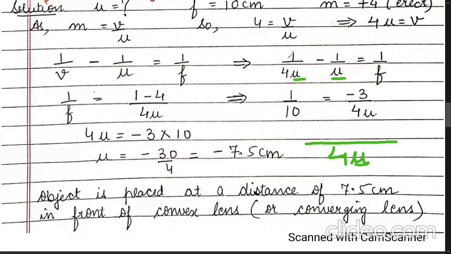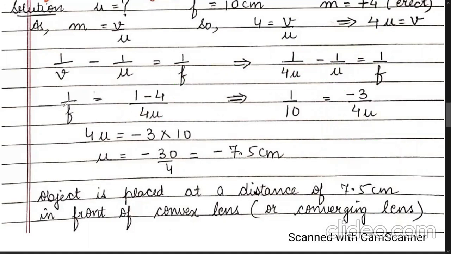And now the first term will be multiplied with 1 only, while the second term needs to be multiplied by 4 to get the denominator as 4u. So we will be having 1 minus 4 divided by 4u. 1 minus 4 is minus 3.